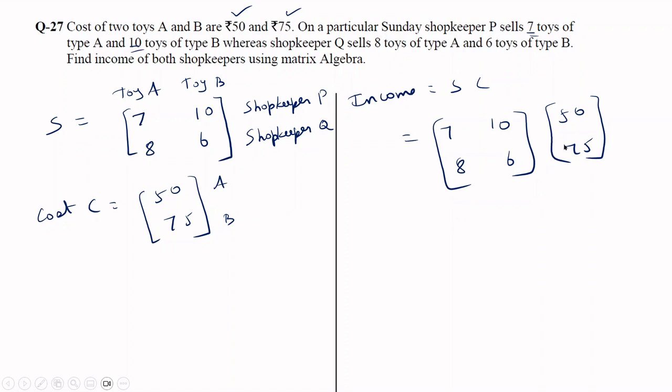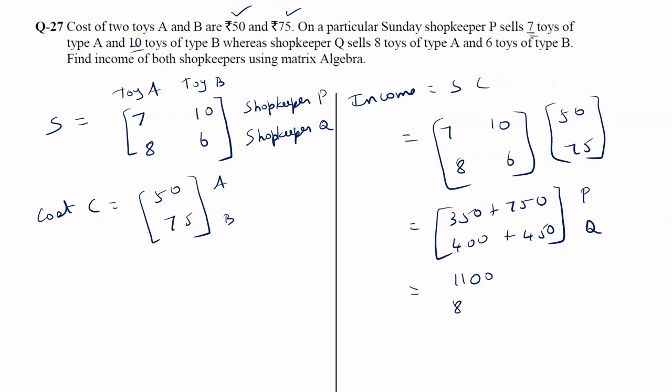So now let us multiply these two matrices. First row, first column, it is 350 plus 750. Then second row, first column, it is 400 plus 450. First row corresponds to shopkeeper P and second row corresponds to shopkeeper Q. So when we add, we get 1100 and 850.